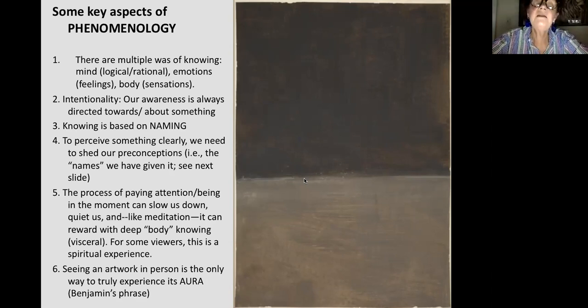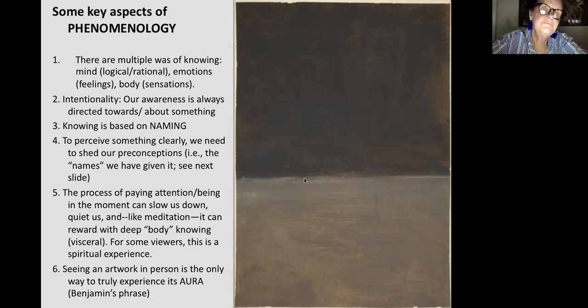The challenge of emotional or body knowing is that as a culture, we haven't really developed a language. We haven't really named what emotional intelligence and body intelligence really are and what they do. So we're a little handicapped in terms of knowing through naming.